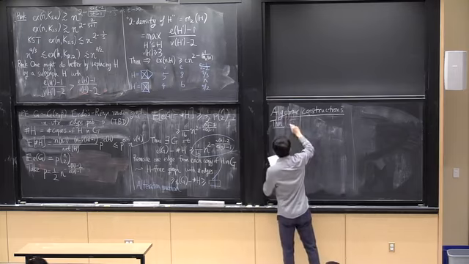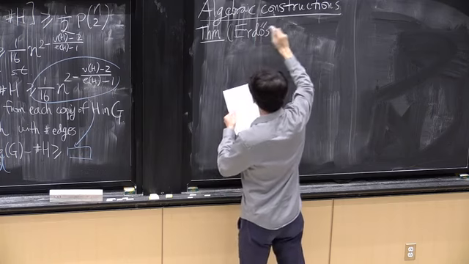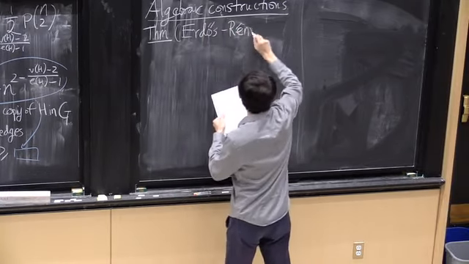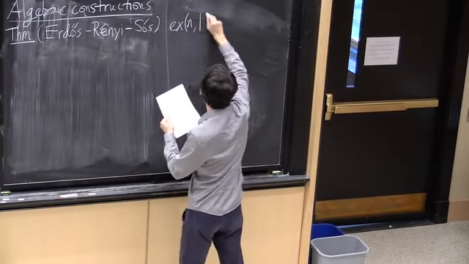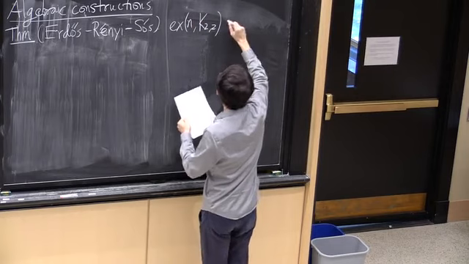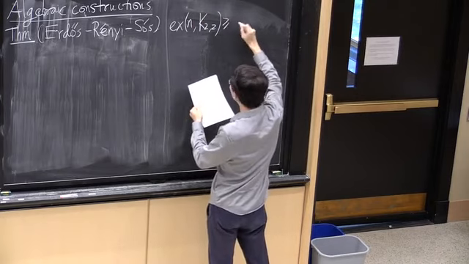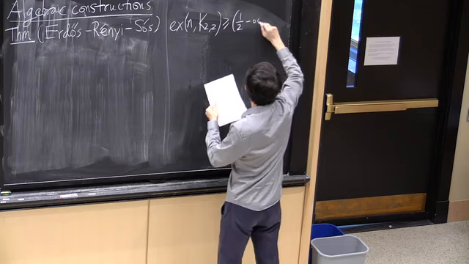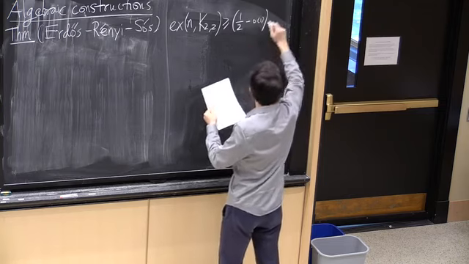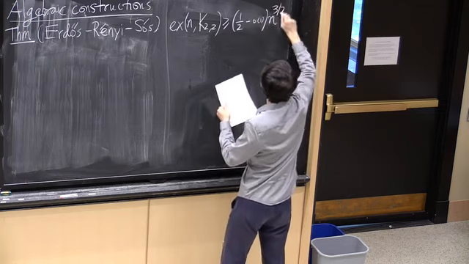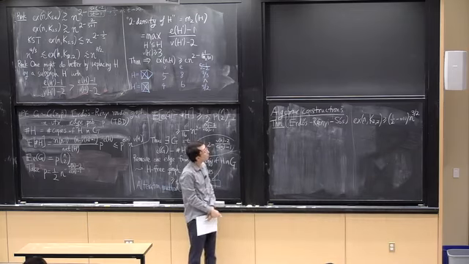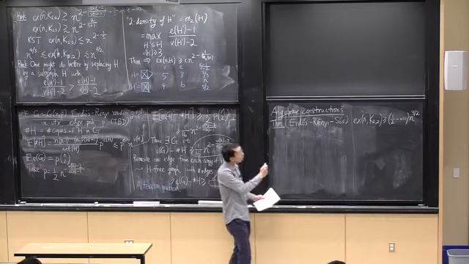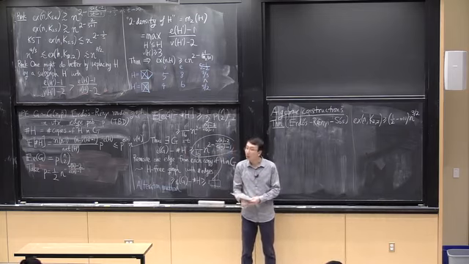This is a result due to Erdős, Rényi, and Sós, and tells us that the extremal number for K_{2,2} is at least 1/2, basically up to asymptotics, times n^{3/2}. Actually, if you look at the constant that came out of the proof of the Kővári–Sós–Turán theorem, it is also 1/2.